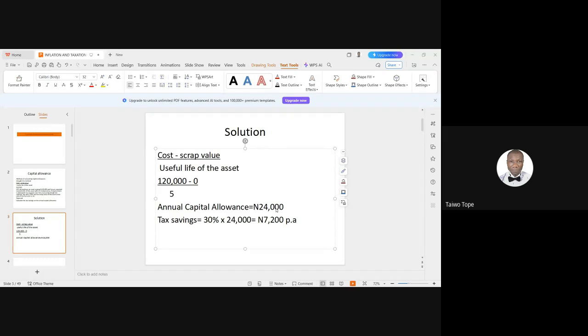Now, looking at the reducing balance method, which is another way to compute capital allowance. This is a method in which the value of the capital allowance diminishes based on the current value, deducting it from the carrying amount.